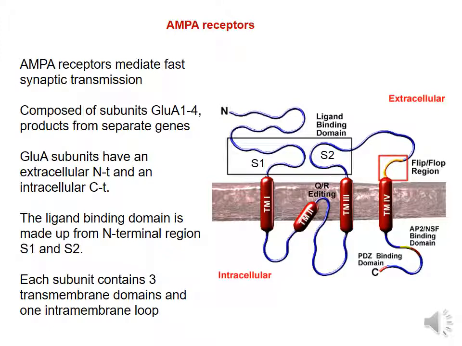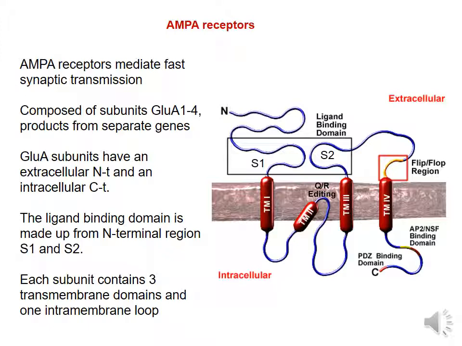GluA subunits, as in other glutamate receptors, have their N-terminal part facing the extracellular compartment, while the C-terminal domain is in the intracellular space. As I mentioned earlier, the ligand binding domain is made up from the N-terminal region, S1 and S2. These are two different segments that come together to form the ligand binding domain.